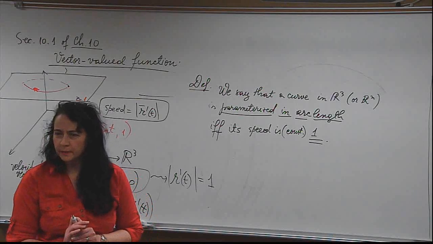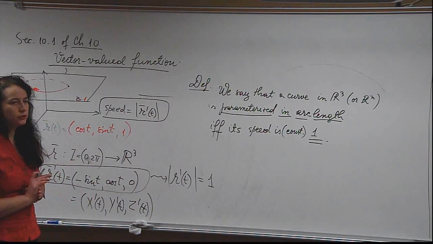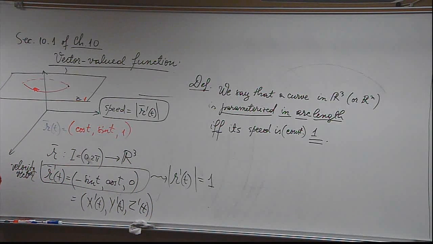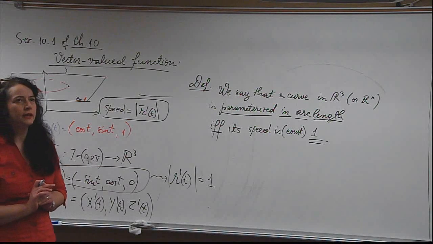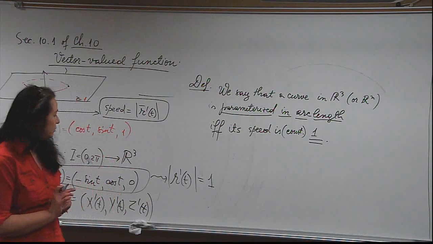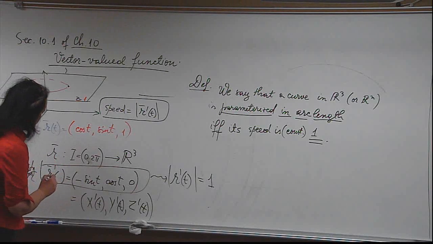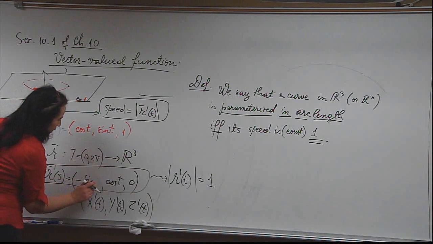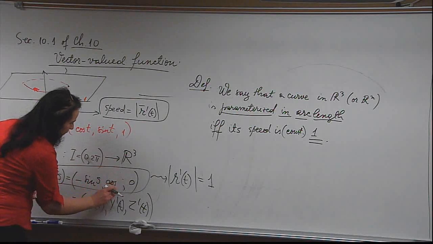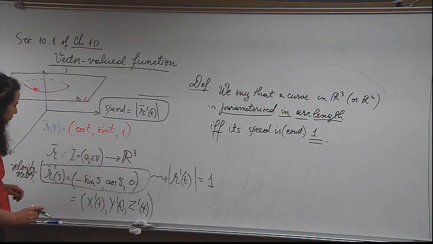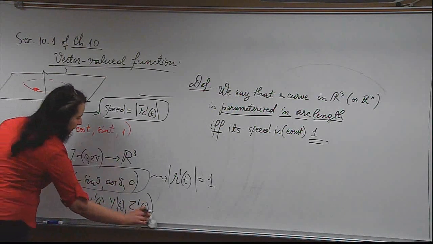Say, oh my God, why? When a curve is parametrized in arc length, from now on, we will try to use s. Whenever we know it's in arc length, we use s instead of t. I'm sorry for the people who cannot change that, but you should all be able to change that.